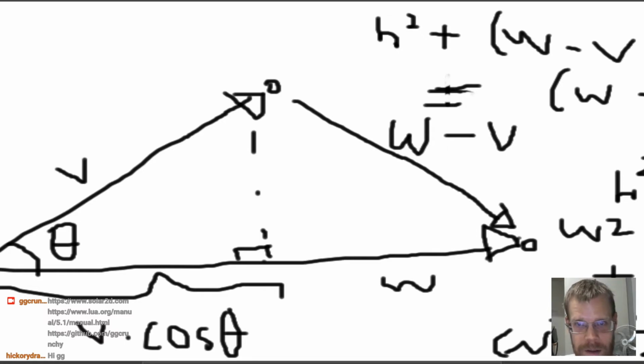I apologize for this growing increasingly illegible. So H squared equals V squared times 1, because it's already V squared, minus, I need a bigger brush.